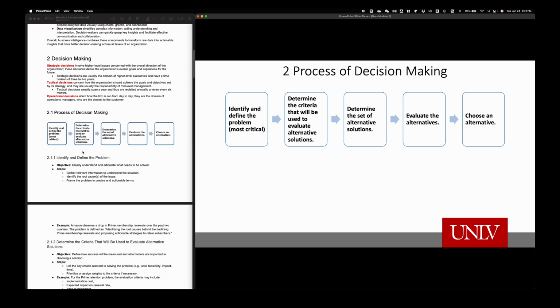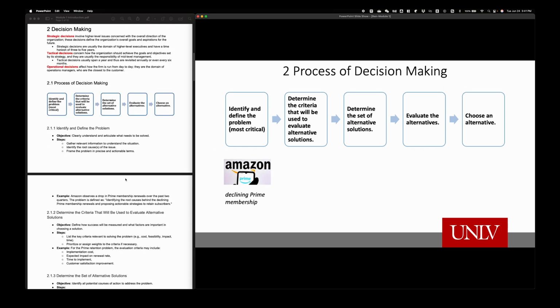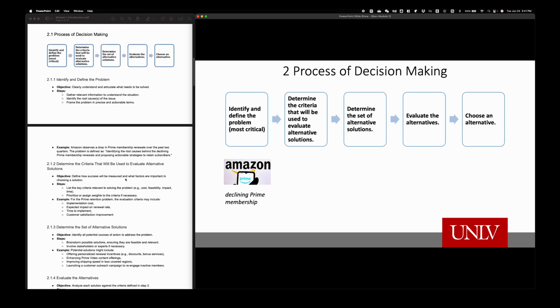The first goal is to clearly understand what needs to be solved. The steps include gathering relevant information to understand the situation, identifying the root causes of the issue, and framing the problem in precise and actionable terms. At Amazon, leadership noticed that Prime membership renewals had been declining over the past 2 quarters.